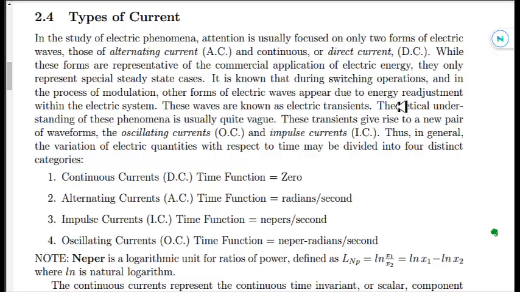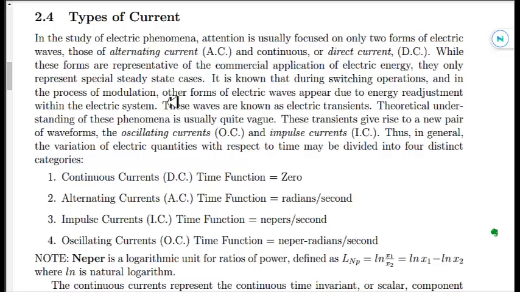Theoretical understanding of these phenomena is usually quite vague. So transients aren't as studied as the electric waves for commercial application, AC and DC.